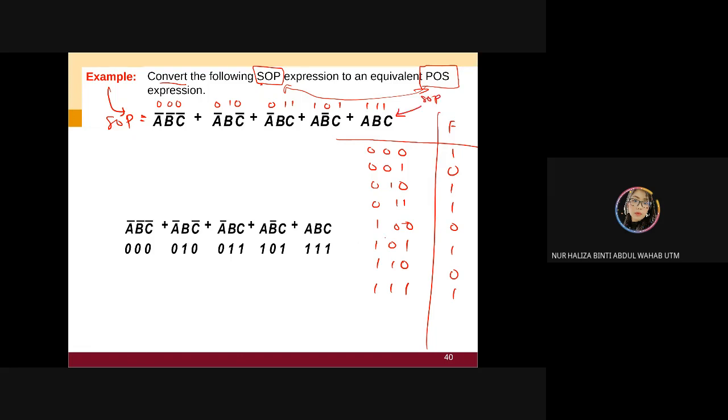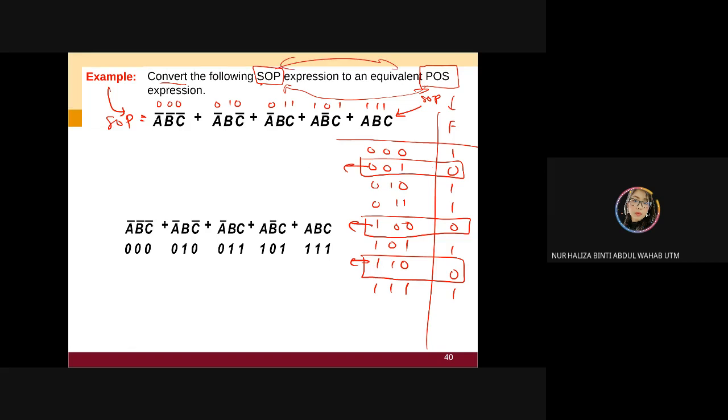Now I get this truth table from this Boolean SOP. How am I going to get the POS? After I draw the truth table, I know this will be my POS, this will be my POS, this will be my POS. Then you know it's good to know the standard SOP and standard POS, because from here I can convert from SOP to POS.